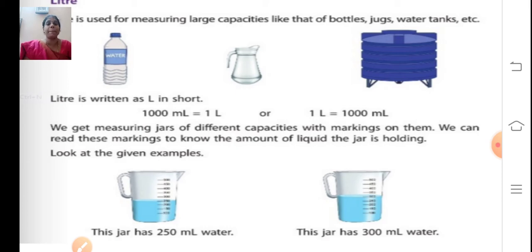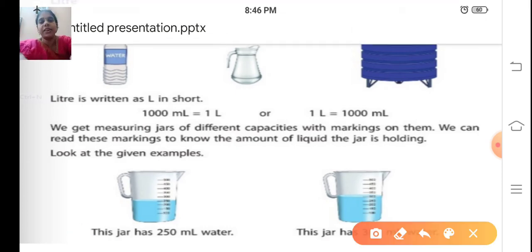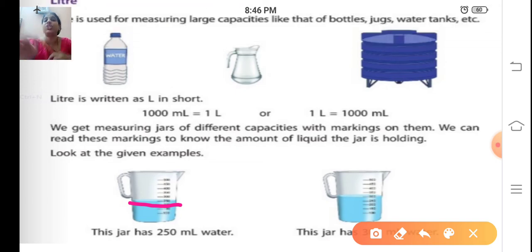Yes, 250 ml. We have it till here only, right? So the jar is holding 250 ml of water, isn't it? Look at the given examples now. Yes, this jar has 250 ml of water. See this.